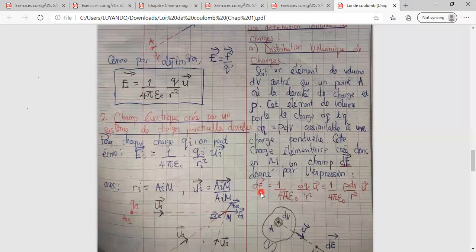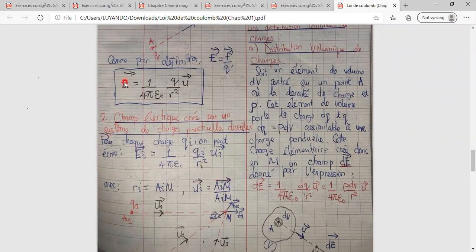Champ in short. So we have dE equal to 1 over 4 pi epsilon 0 dq over r squared u. Where there's q here, because our normal expression is supposed to be E equal to this without the d's, which is this one here.